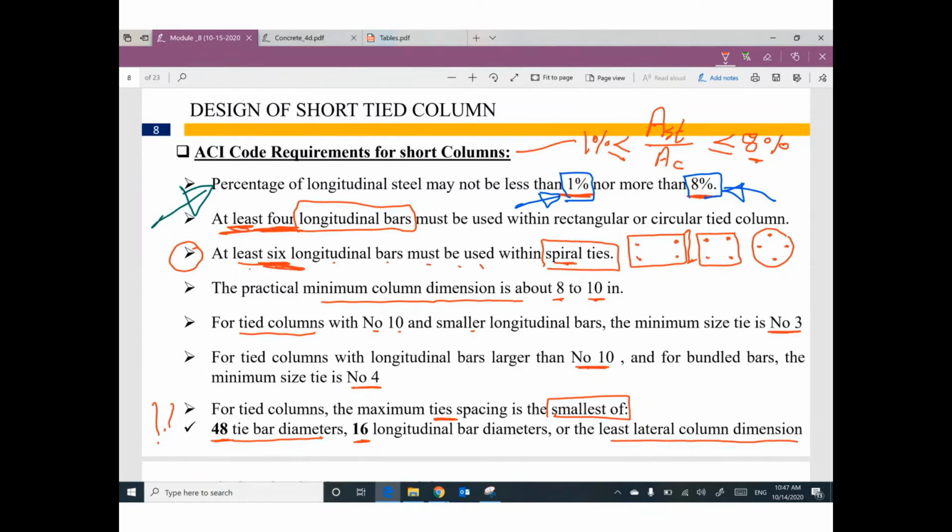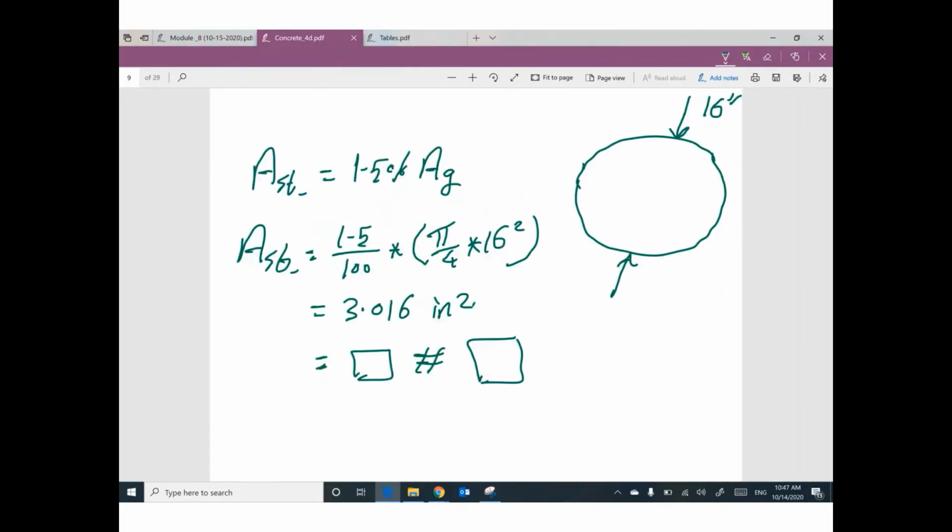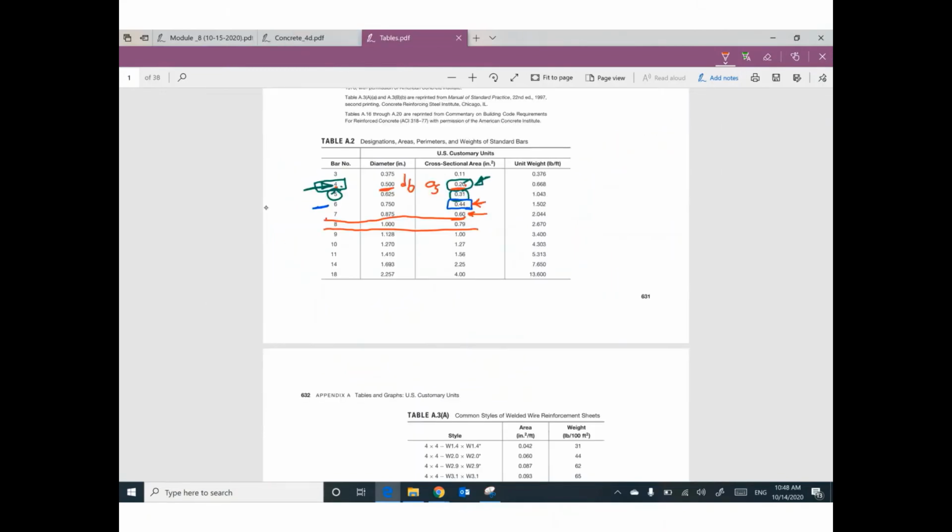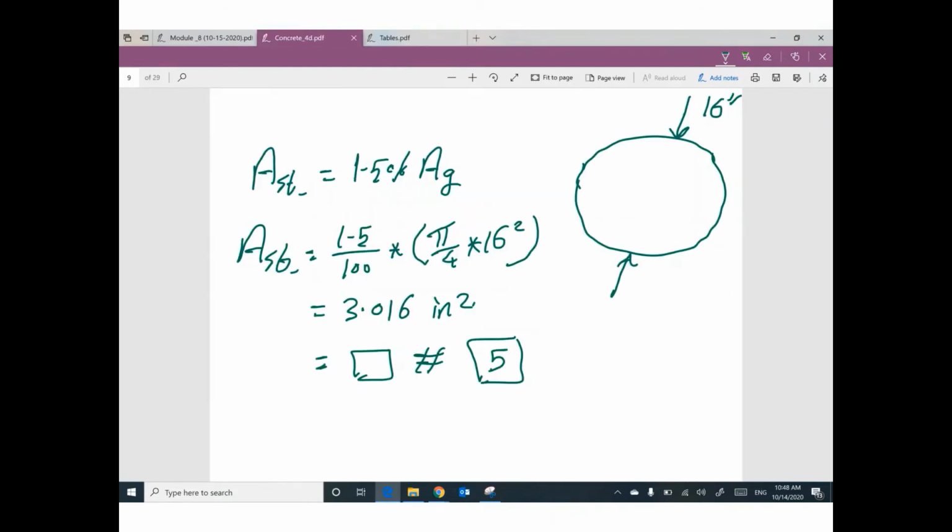So you are right now converting this area steel to number and size. If you are using number 5, what is the area of number 5? 0.31. So I'm going to divide this area steel by 0.31.